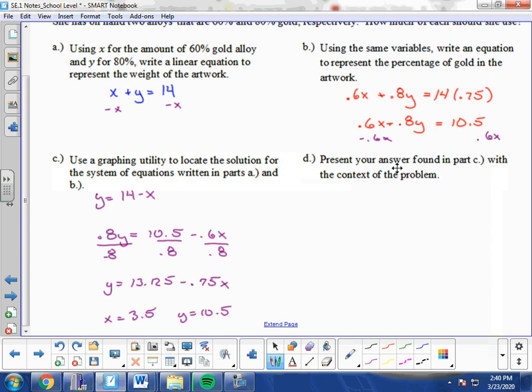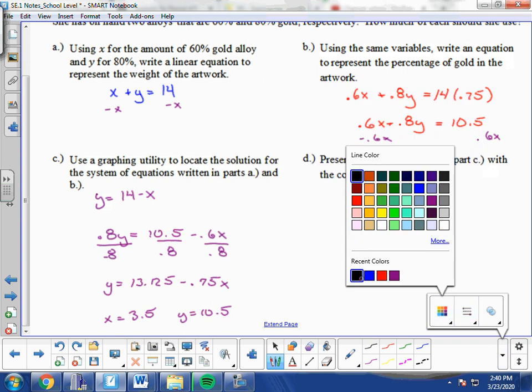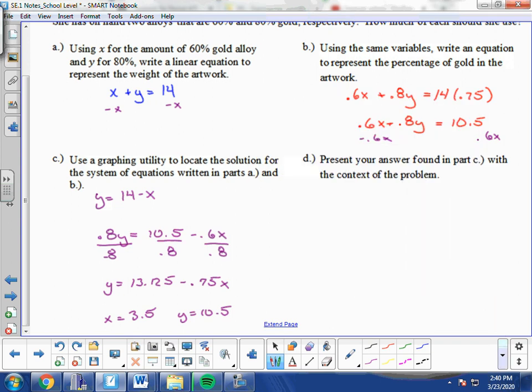Finally, D says present your answer found in part C with the context of the problem. So after we find the algebraic solution, we want to make sure we go back and we describe what it is that we're finding. So remember, X was the amount of 60% gold alloy. The amount in this problem specifically was in ounces. If we go back and we read the original problem, it said in ounces.